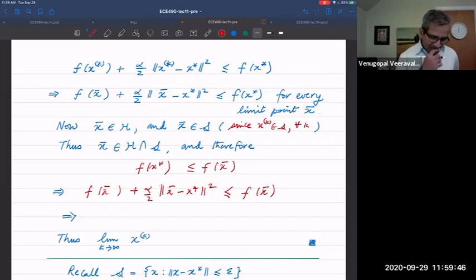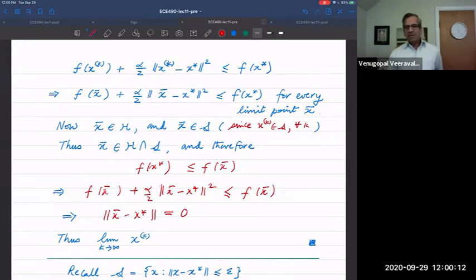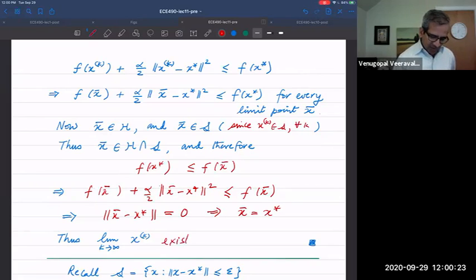So the only way this can happen is if I get rid of this term, and this says that a square of something is less than or equal to 0. The only value it can take is 0. So x bar minus x star is equal to 0. That means every limit point is equal to x star. And what does that mean? It means that the limit of xk exists, because all of the limit points are equal to x star.